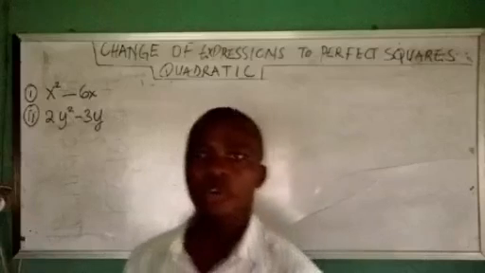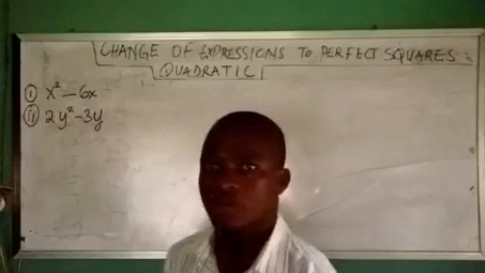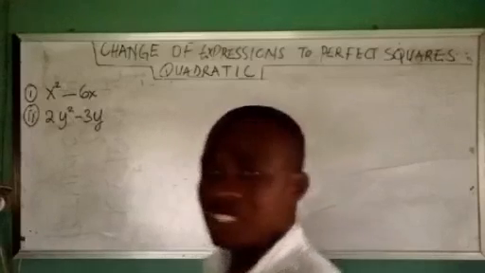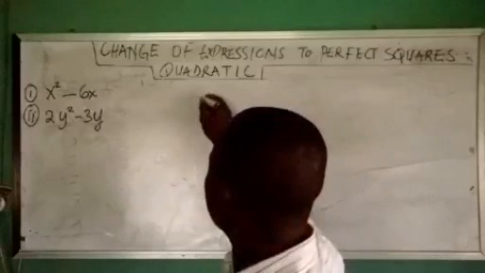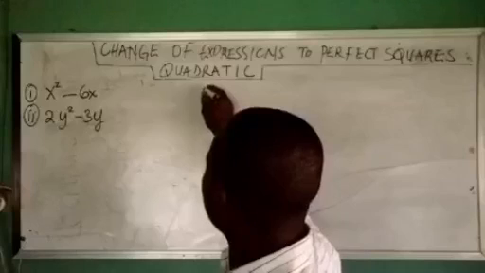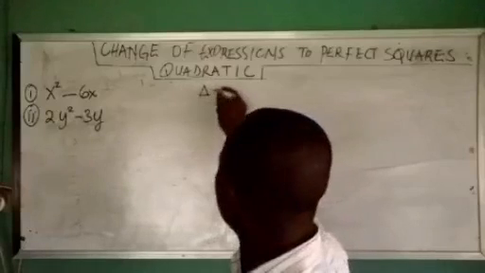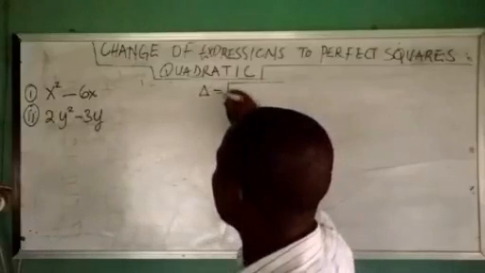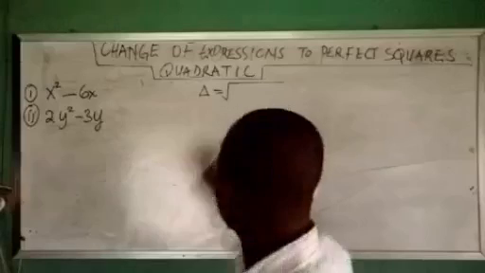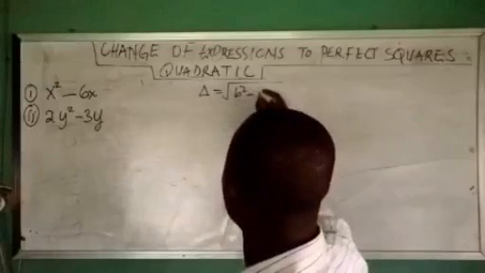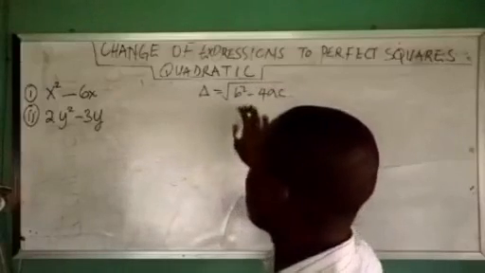Okay, so now if you want to use the second method I told you, we have the general method, that is the discriminant. We call this discriminant, if you want to know the nature of root of a quadratic equation, b squared minus 4ac. So where did we get this one?